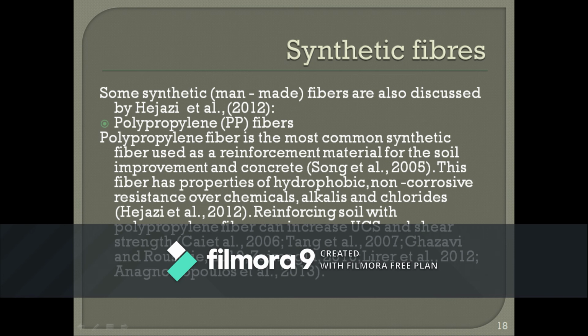Polypropylene fiber can increase UCS and shear strength, unconfined compressive strength as well as shear strength. It is going to increase, and those are the scientists who have done experiments and given the results. So polypropylene fiber can be used in soil as well as in concrete because of its hydrophobic property.